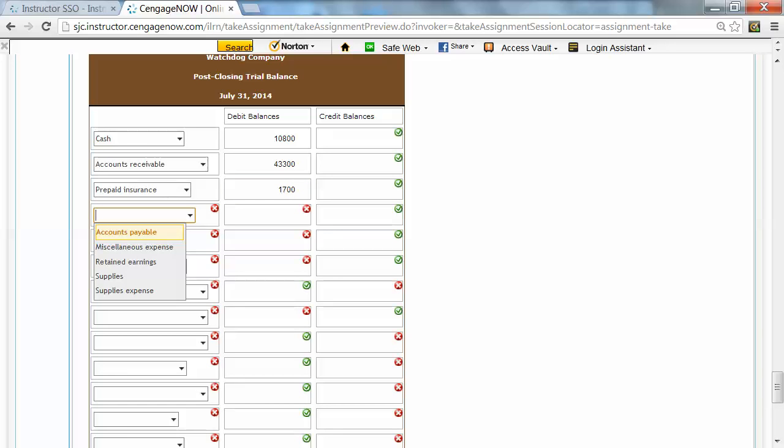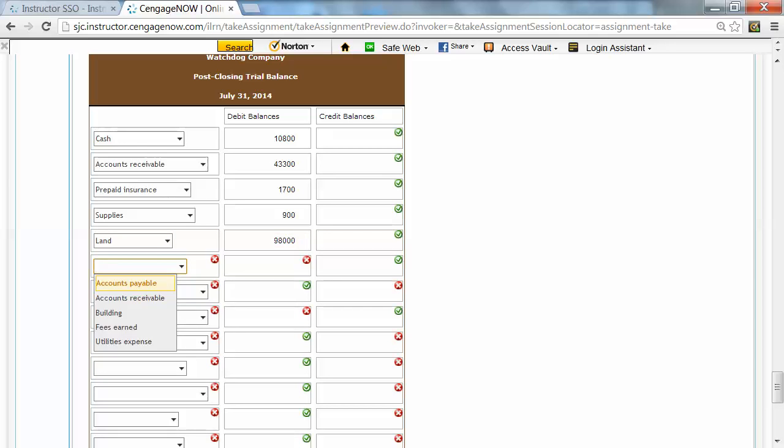And then we'll have supplies, $900. Land, $98,000. My building, $400,000.